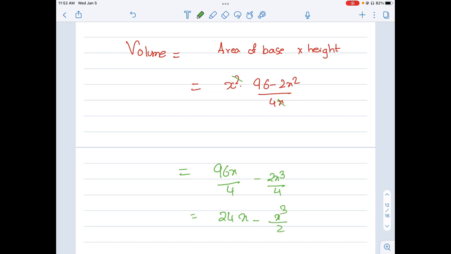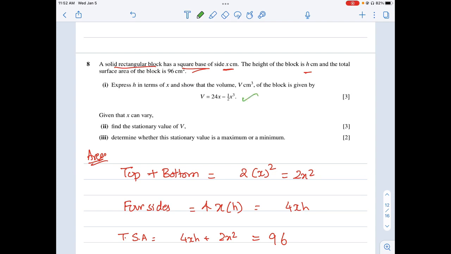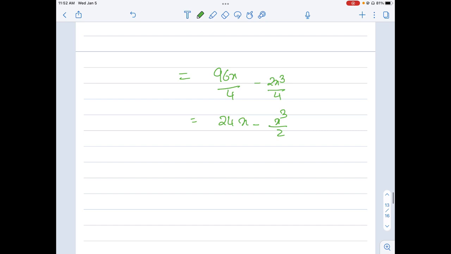This is the volume that we are asked to prove. Given that x can be varied, find the stationary value of v. So we have v, so I find dv by dx, which is 24 minus 3x square upon 2.